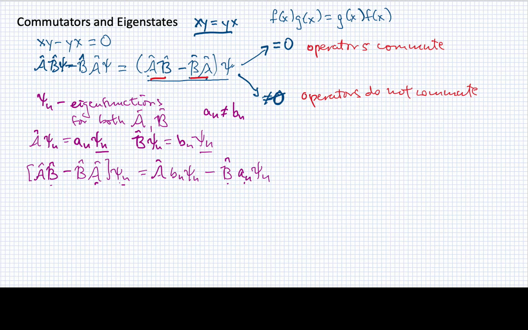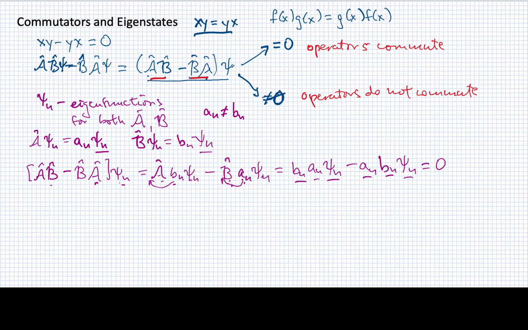But B won't have any impact on a number, nor will A, so I can bring those numbers out front and continue with that operation. So I'll end up with b sub n, and A operating on this will give me a sub n times the function. And here I'll have a sub n, and when B operates on the function, I'll get b sub n. Since these are numbers, and this is the same function, I think it's pretty easy to see that the result here should be 0.